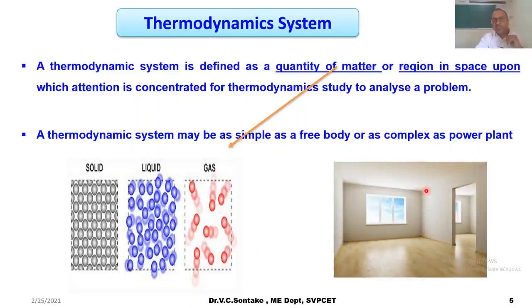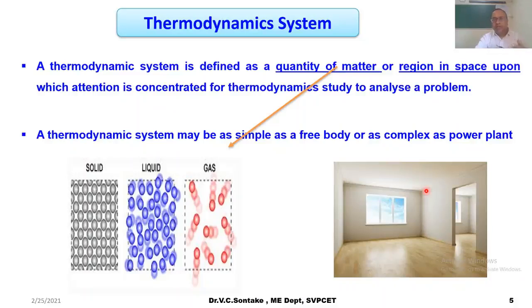Let us consider a room selected for some thermodynamic study. For example, if you select a room to make it an air conditioned room, you have to do some thermodynamic study before applying air conditioners or an air conditioning system.